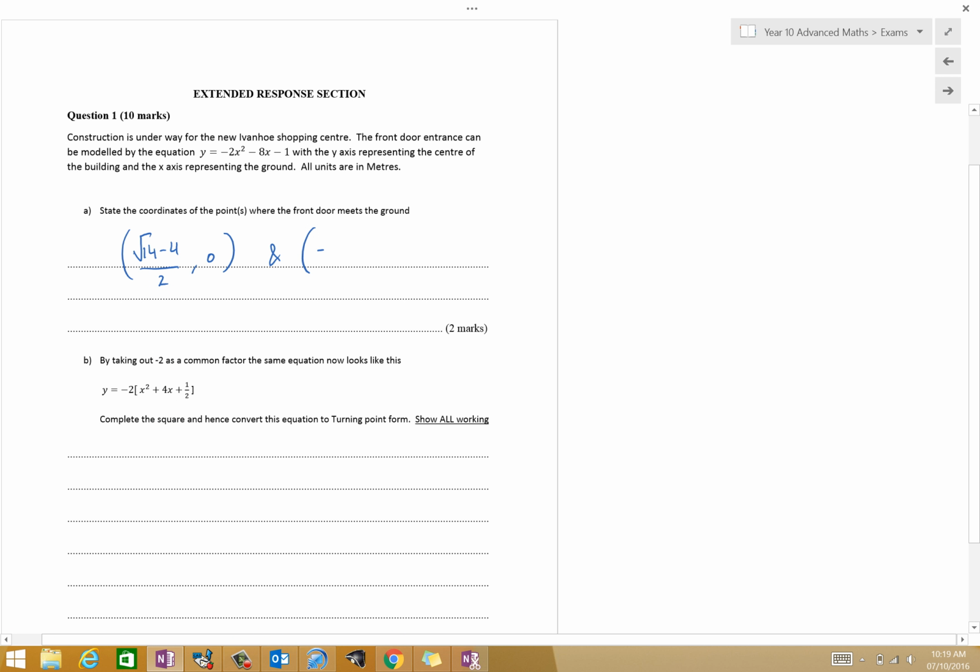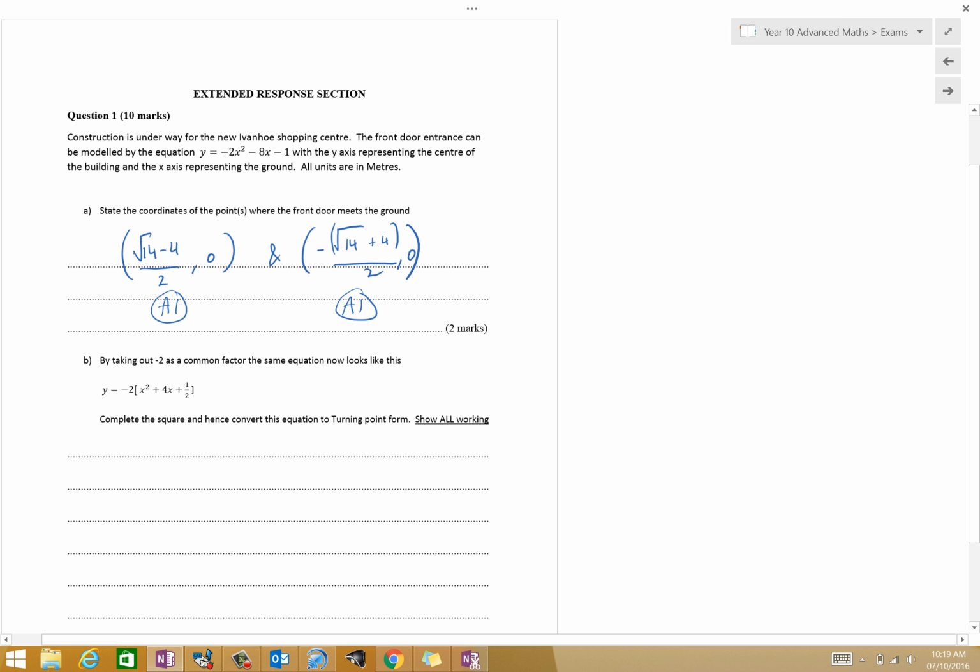One sec, root 14 plus 4 on 2. I want you to get in the habit of getting exact values, please. That's comma 0. It's a 2-mark question: 1 mark for this coordinate, and 1 mark for this coordinate.